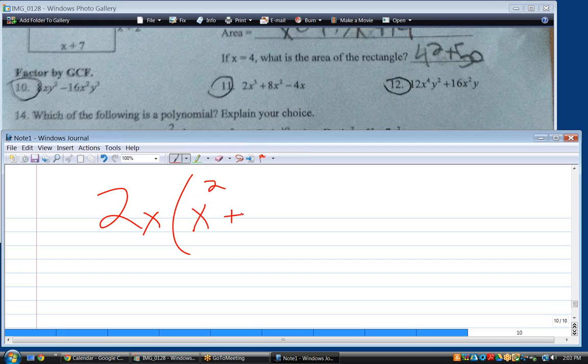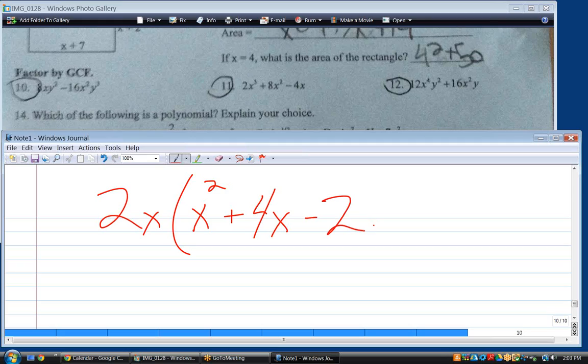What's next? Plus would be an 8x. Remember, it's got to multiply back together to give you this. So how you come up with this is to divide 8x squared by 2x. So it'd be 4x. And then minus 2x.